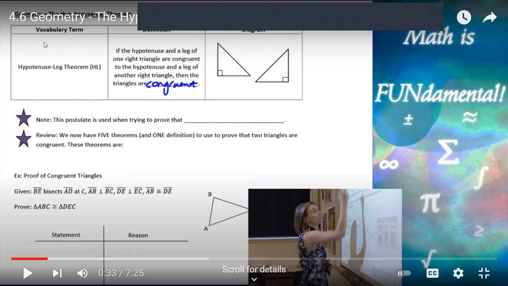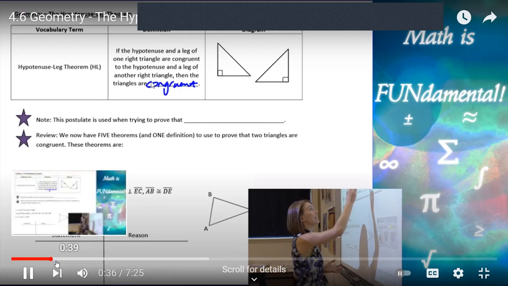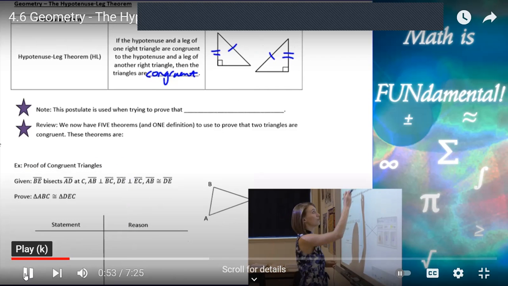So you only need to explain this one, and you don't need to discuss that one. So this is the one that you need to put in your answer for lesson 6.